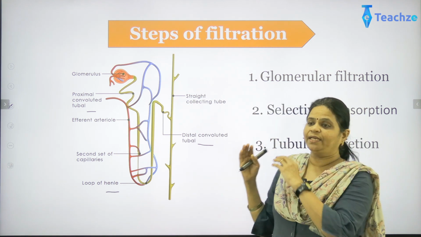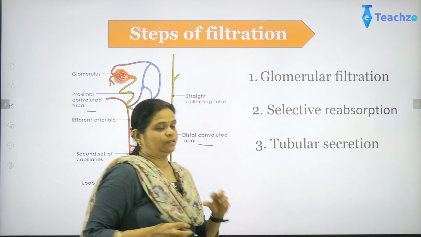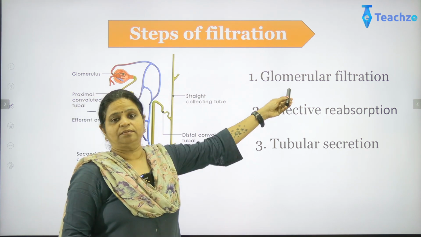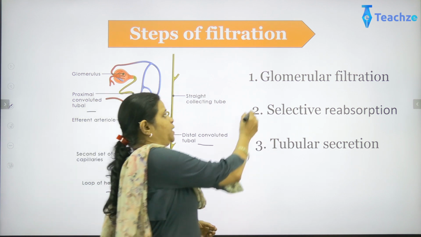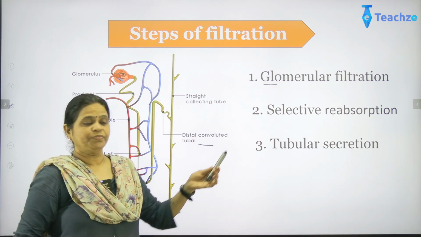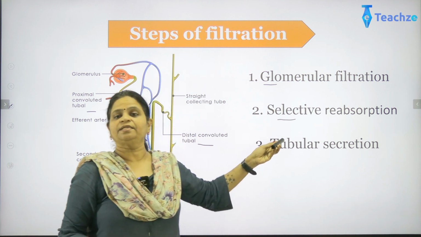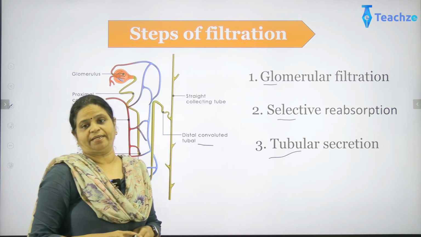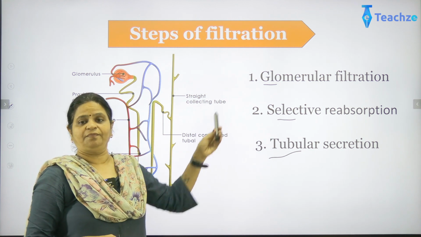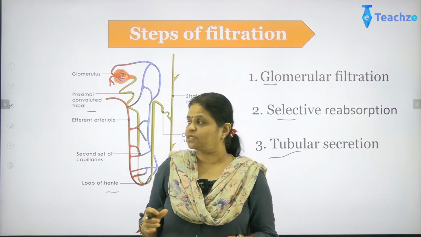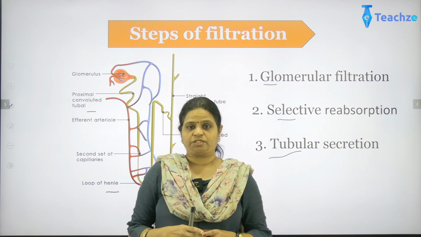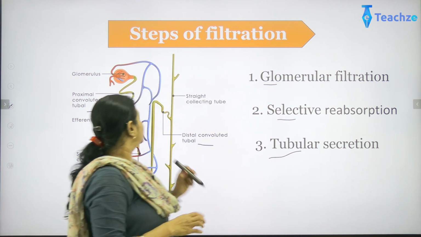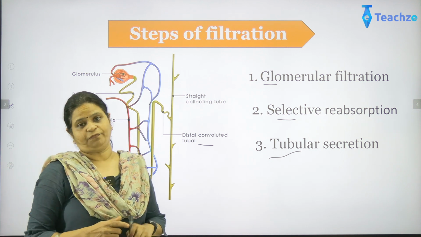Now what exactly happens during excretion and how is urine formed? We will be looking at 3 different steps. The first one is glomerular filtration. The second is selective reabsorption, and the third is tubular secretion. Glomerular filtration, as the name suggests, occurs in the glomerulus of the nephron.